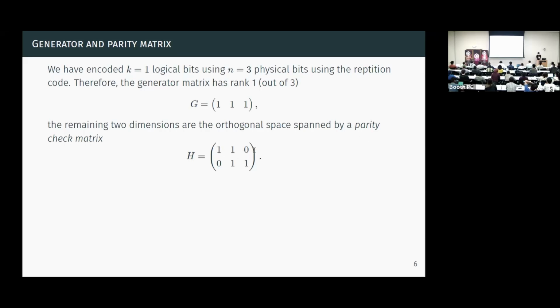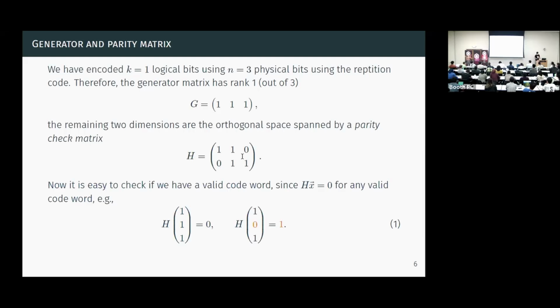And note that since it's a subspace, we can also consider linear combinations of these basis vectors, right? So another entry in the parity check matrix could be 1, 1, 0 plus 0, 1, 1. So 1, 0, 1 could also be a valid entry in the parity check matrix.